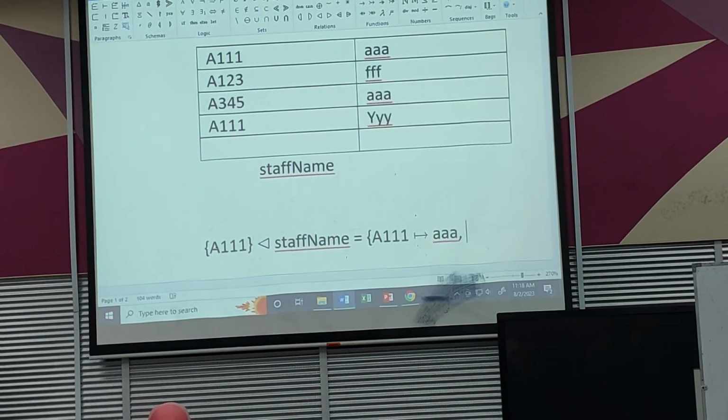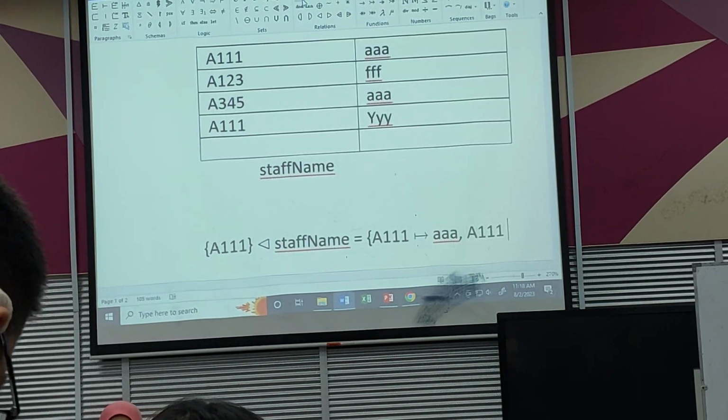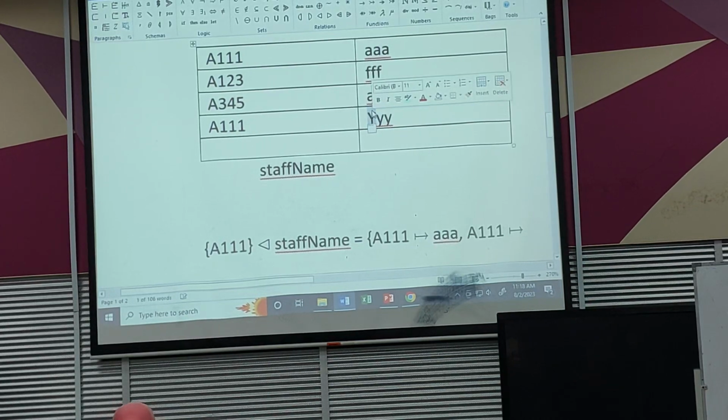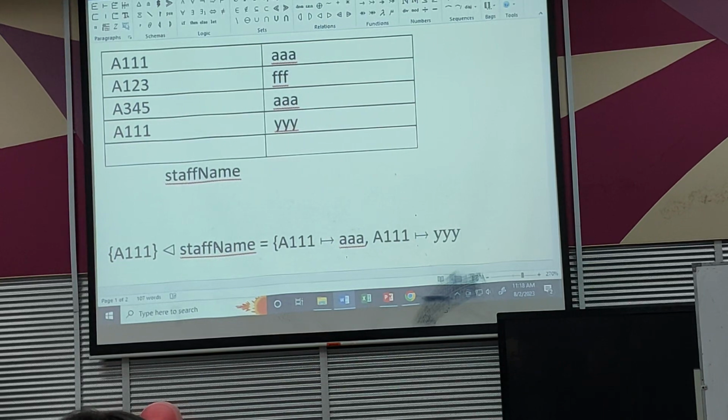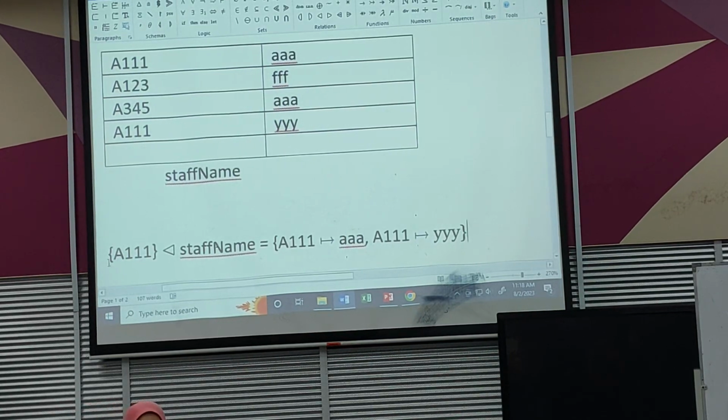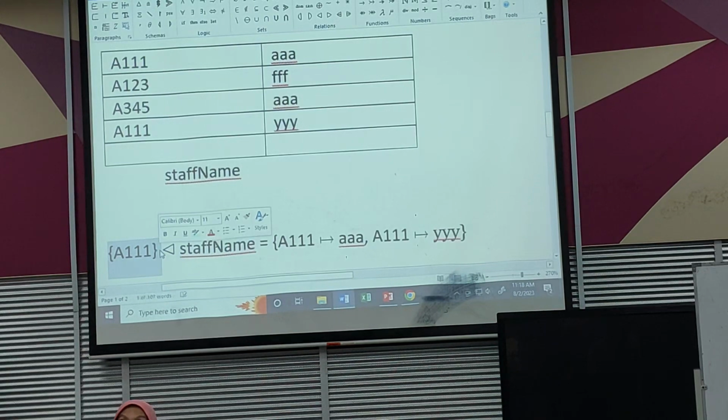Another one is A111 maplet, let's say all small letters, y. Like that. So this is what I will get. Of course, this one I use like data.